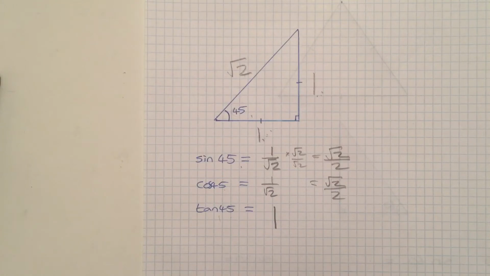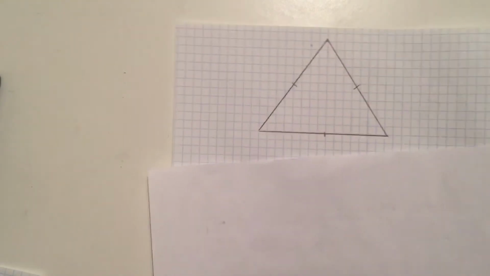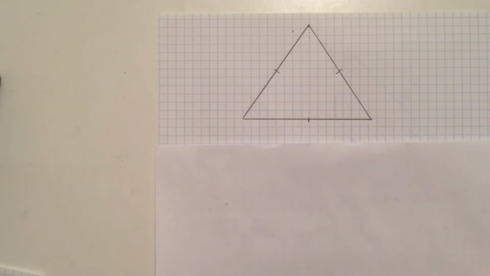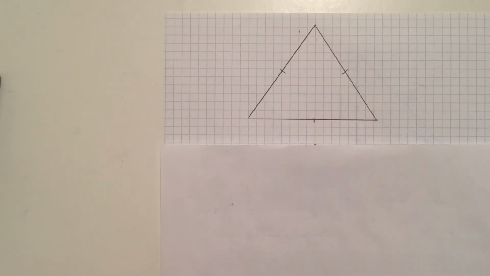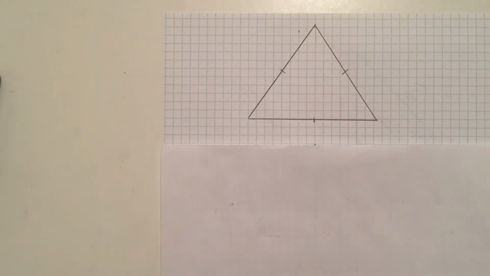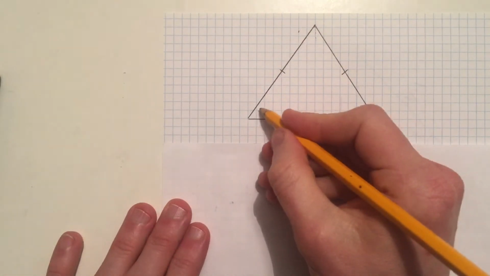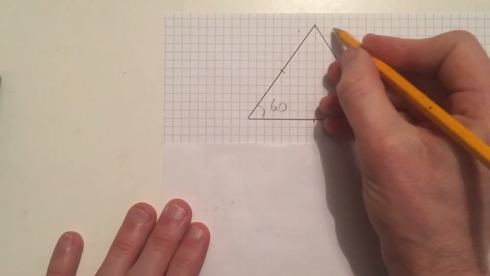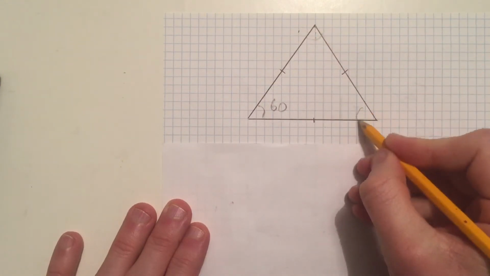What about the other angles? What about our 60 degrees and the 30 degrees? Well, that's going to come from the other triangle, the equilateral triangle. If it's an equilateral triangle, I know that this is 60, this would be 60, and this would be 60.